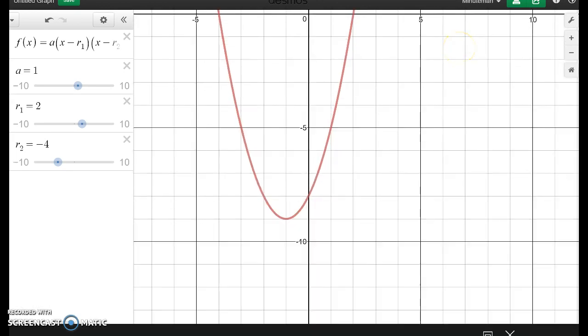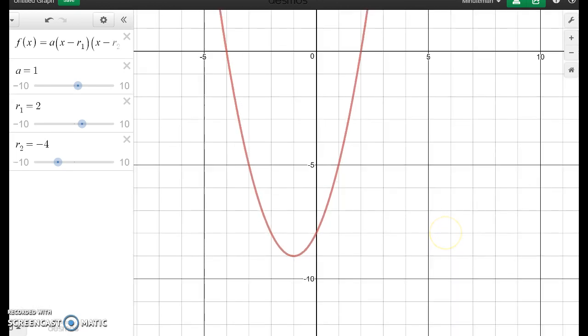All right, so we still want to be able to find the vertex from this form as well, and it's not that bad. Factored form is great for finding roots if they're whole numbers, and it's factorable, and if it's given that way. But it's not bad to find the vertex either, because if you look in relation to where these zeros are, you're going to see that the axis of symmetry and the vertex is just halfway in between.